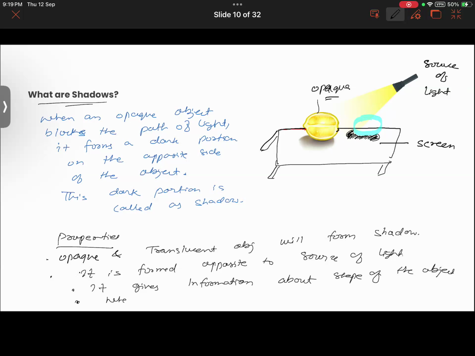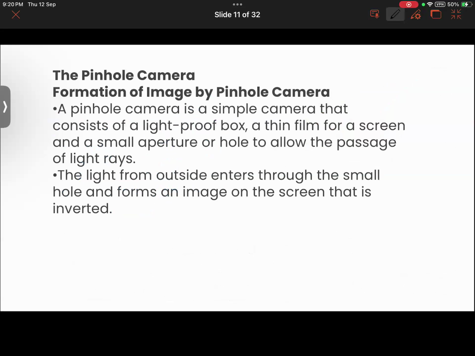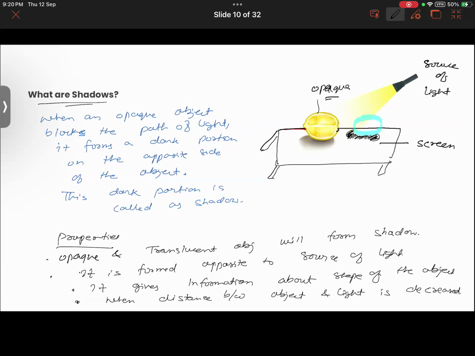Right now, when the distance between object and light is, let's say, decreased first of all, in that case, what happens, Halima?